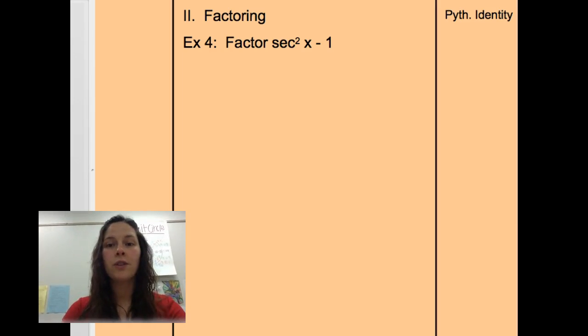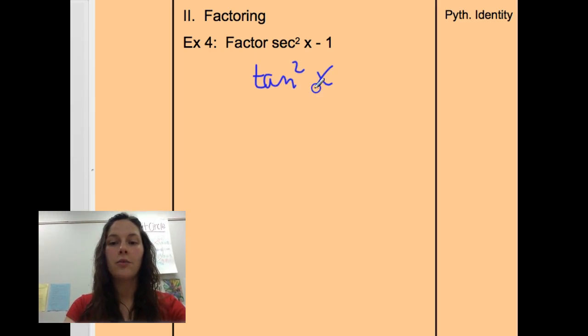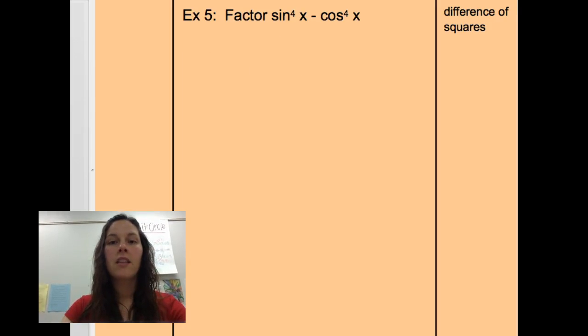So starting with our first one, and this actually isn't factoring, this is just simply using that Pythagorean identity, tangent squared equals secant squared minus 1. This one we're going to factor using a difference of squares. So all of the factoring that you already know with more basic functions, we can still use with trig functions. So you could think about this like y to the fourth minus z to the fourth.